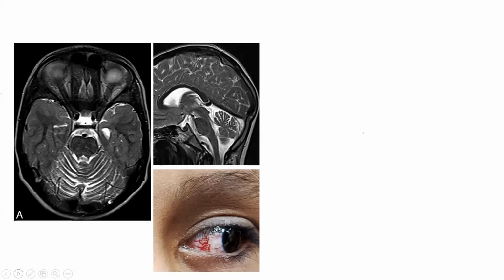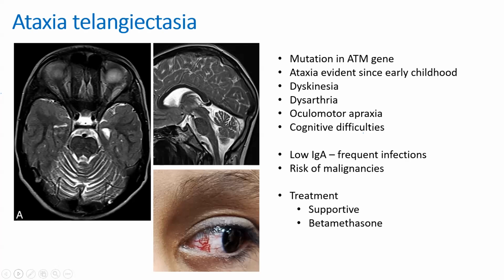So this is a condition called ataxia telangiectasia. And again, a genetic condition which has dysarthria, oculomotor apraxia, then can go on to have cognitive difficulties. They're at risk of malignancies. There is some evidence that betamethasone can help in these conditions.